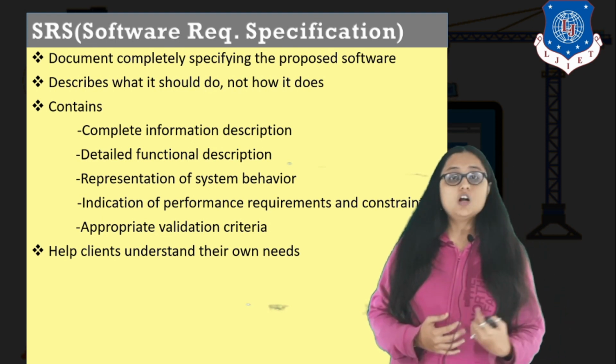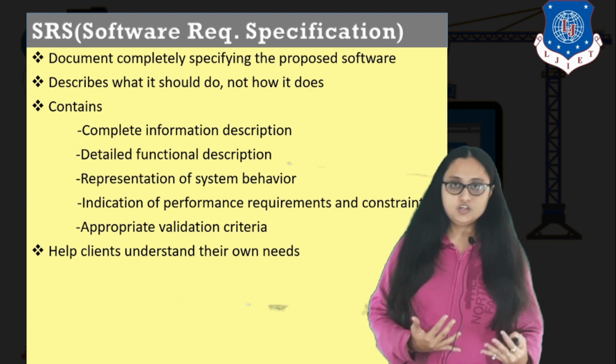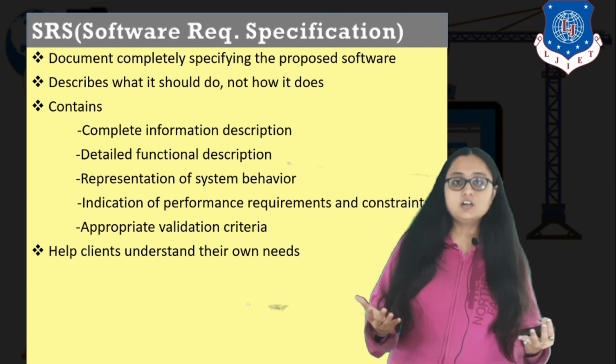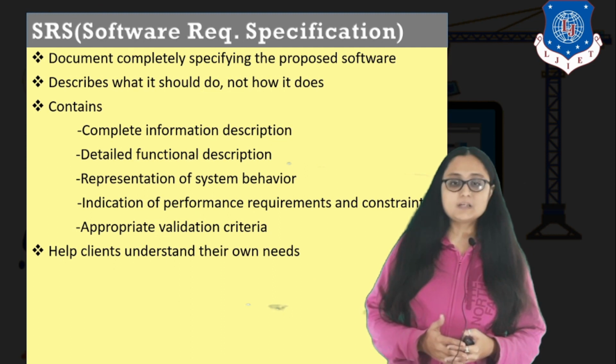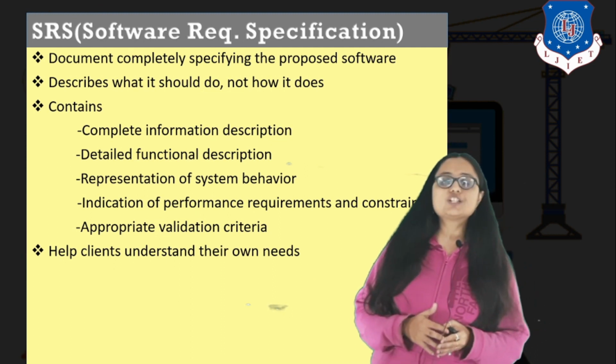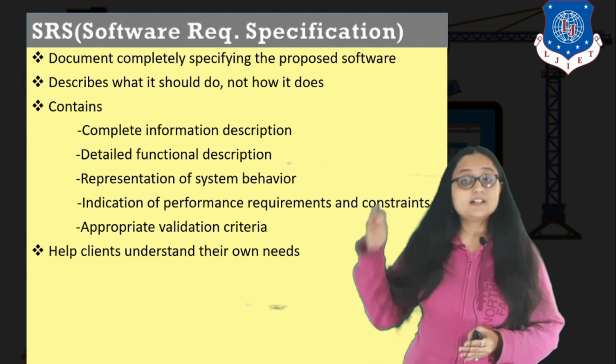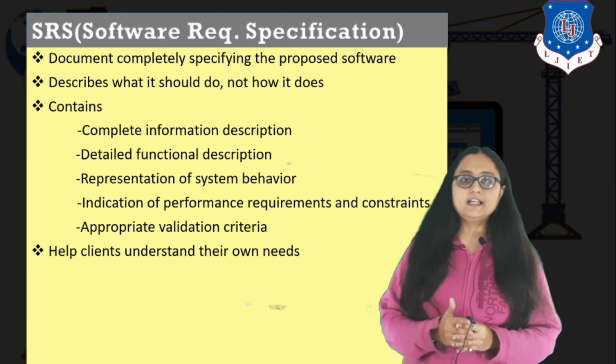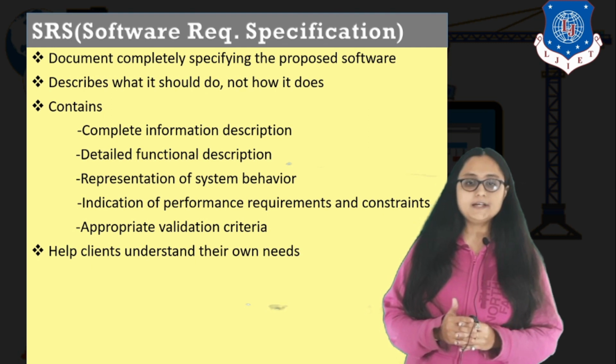Also we will have how the system will behave, so we will have the system behavior depiction via different sorts of diagrams. Also we will have an indication of performance requirements, the constraints that are applied on our software, and different validation criteria that we have applied, right?